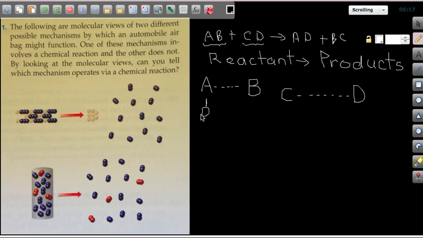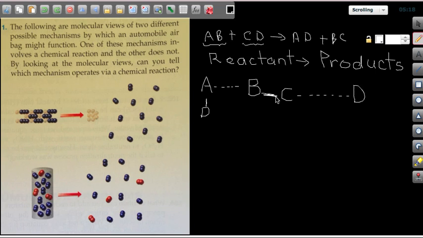A is forming a new bond with D, and B is forming a new bond with C. So notice that no new atoms are created. The same atoms are simply rearranged to give you the products. So that is the basic understanding of what a chemical reaction is, or rather how a chemical reaction is depicted.